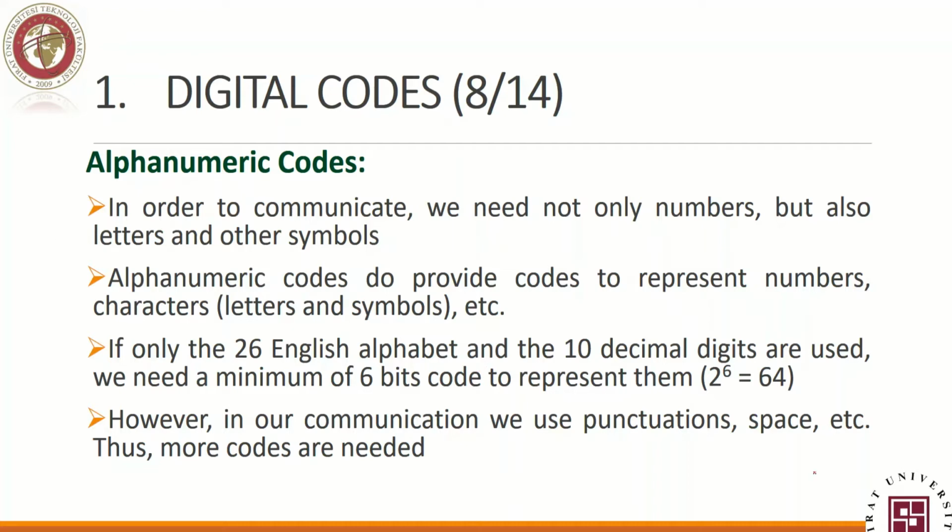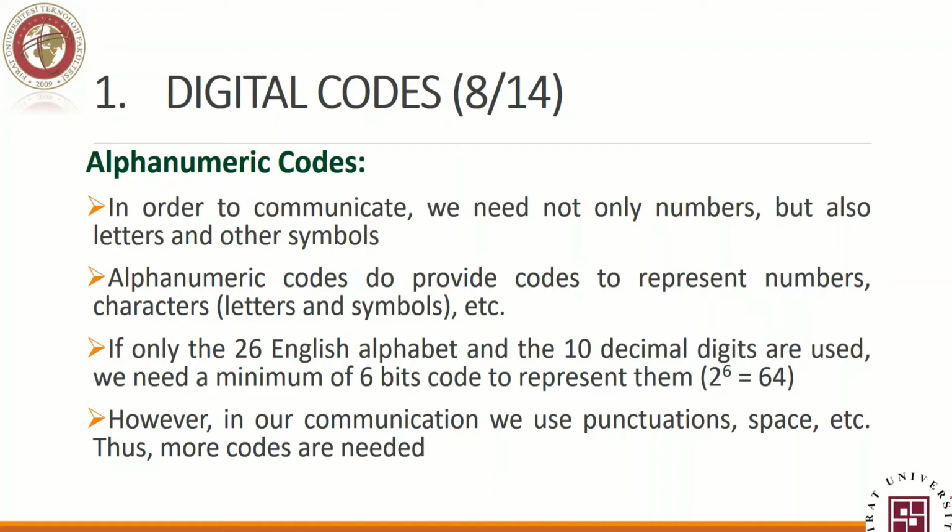Now we have a keyboard, and this keyboard is full of symbols, numbers, letters, and so on. How do we represent them in a computing way? The computer doesn't understand ABC, for example, or maybe hash code or exclamation mark and question mark. How do we represent them?